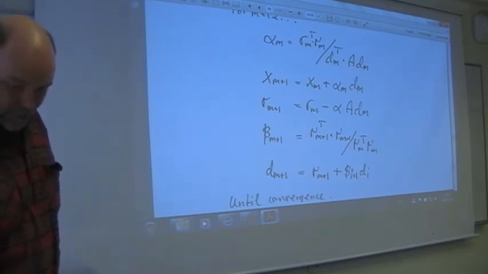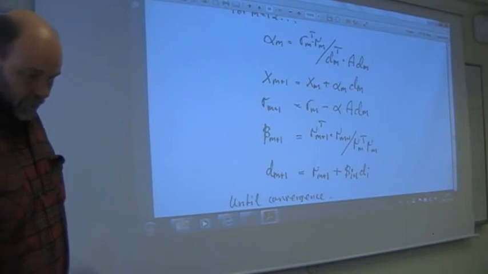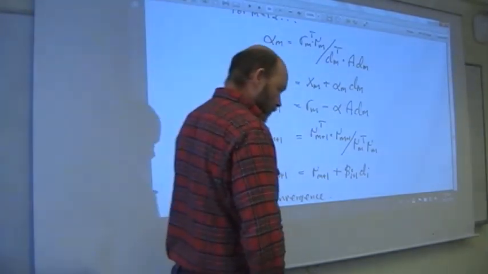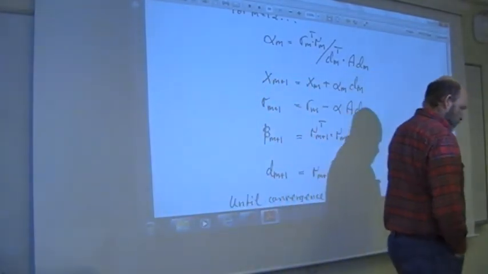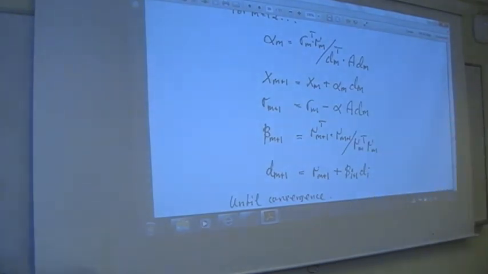Now, if you do this in practice, for a real problem with many thousands or millions of unknowns, yes, this will work, but it's going to take some time to find a solution. You still have to iterate many times.